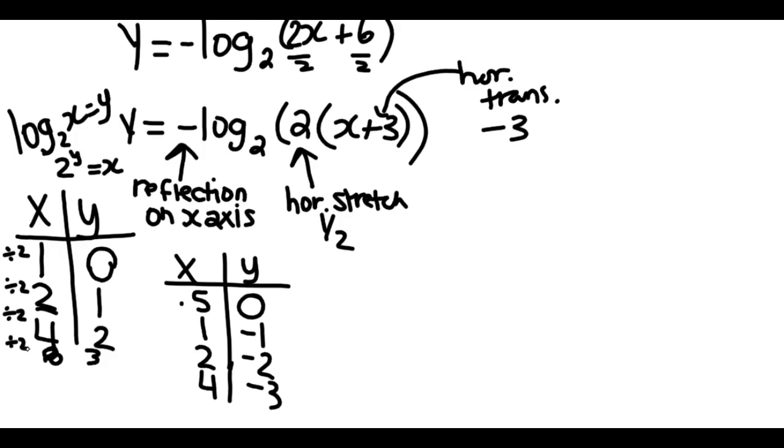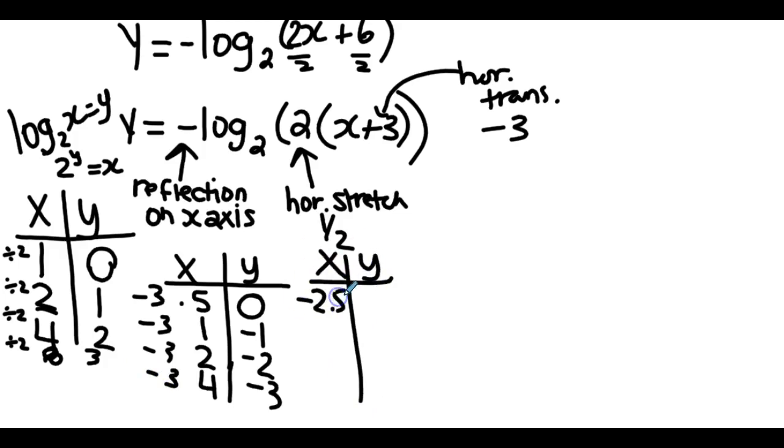All we have to do is subtract 3, right, to move for our horizontal translation. So we'd minus 3, minus 3, minus 3, and minus 3. So our last and final table is going to be minus 2.5, minus 2, minus 1, and 1.